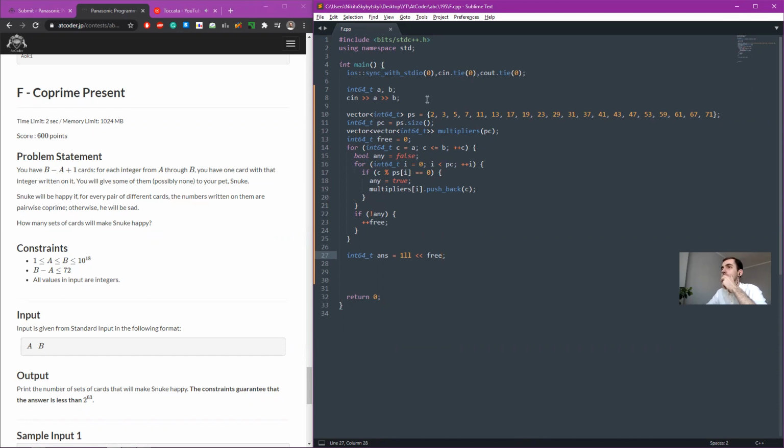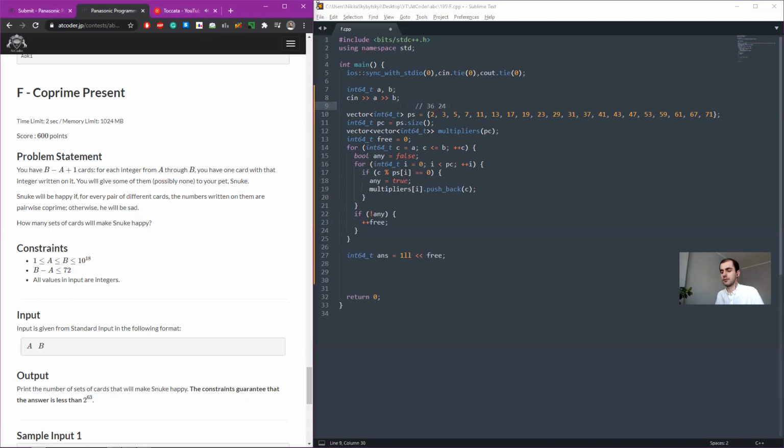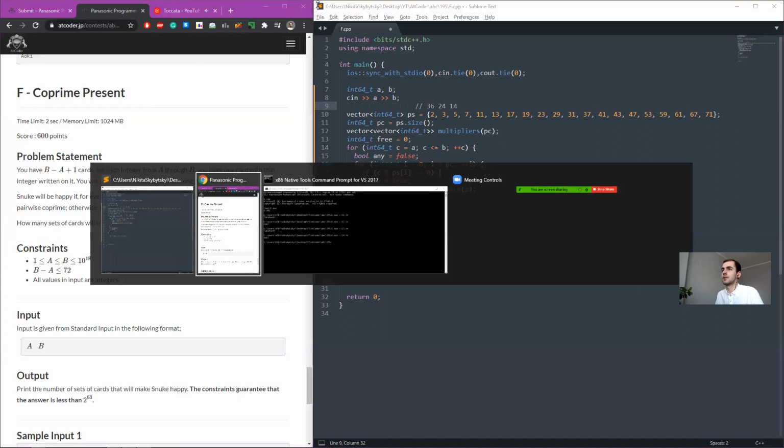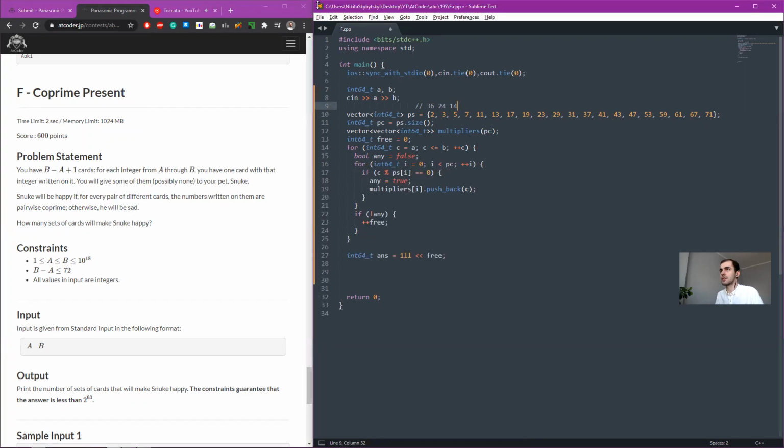How many numbers do I actually have? Divisible by 2, I can have 36 numbers. We should be careful here. For 3, 72 gives 24 numbers. For 5, it's 40. I already don't like where it's going.